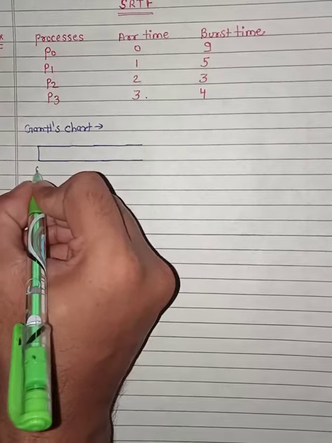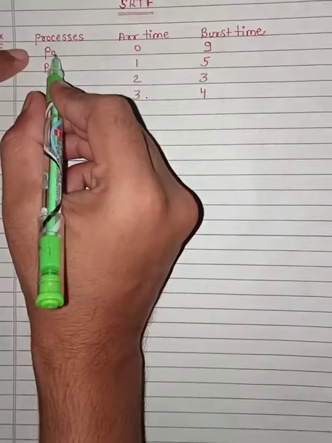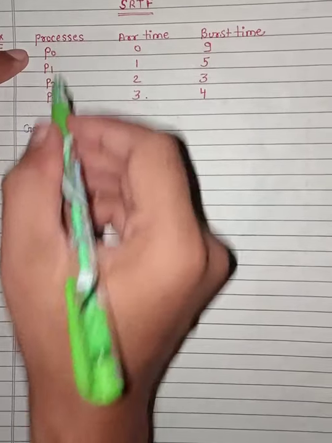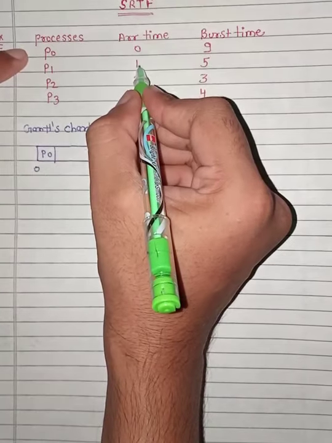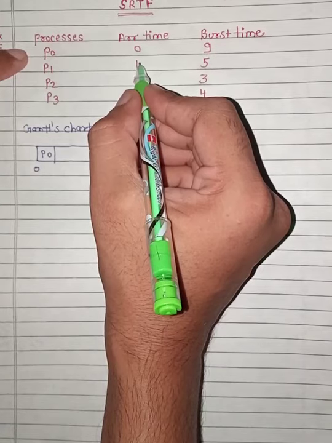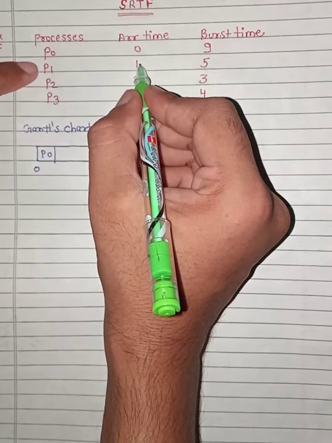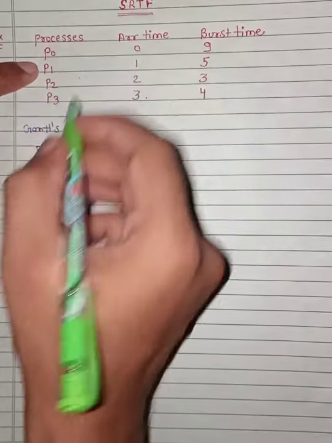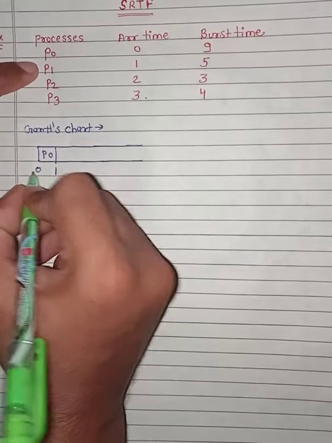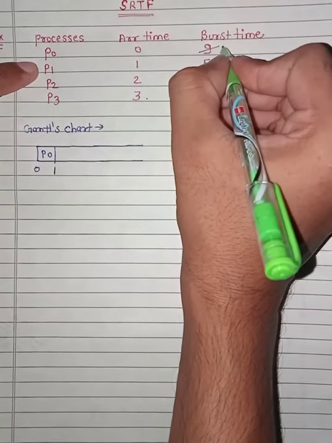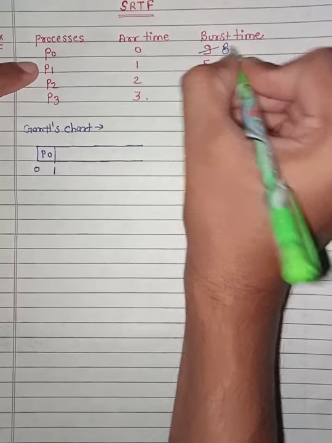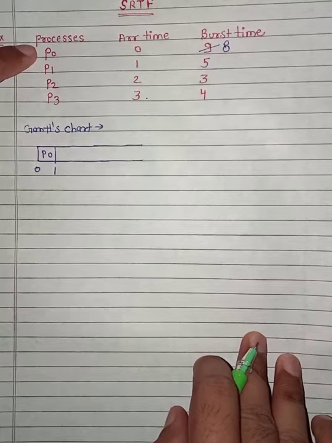So at time 0 process P0 is available in the ready queue, so P0 will execute until the arrival time of the next process. At time 1, it will have executed from 0 to 1 and the remaining burst time is 8 units of time for P0.